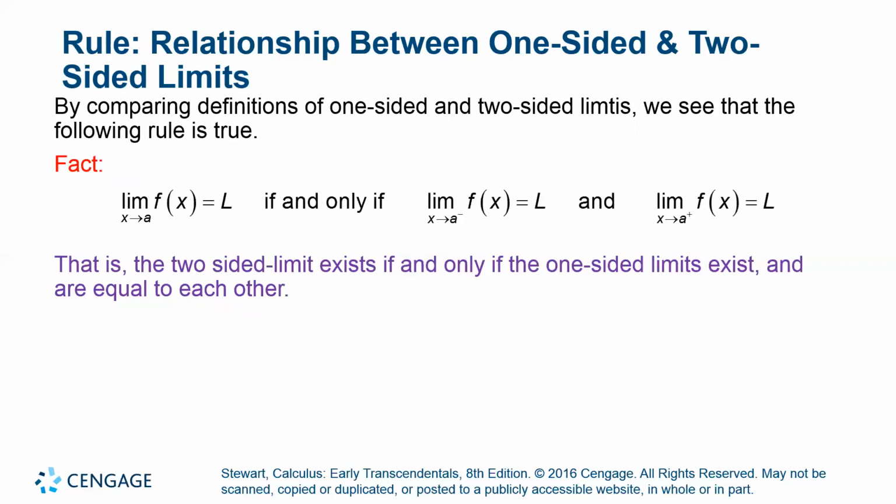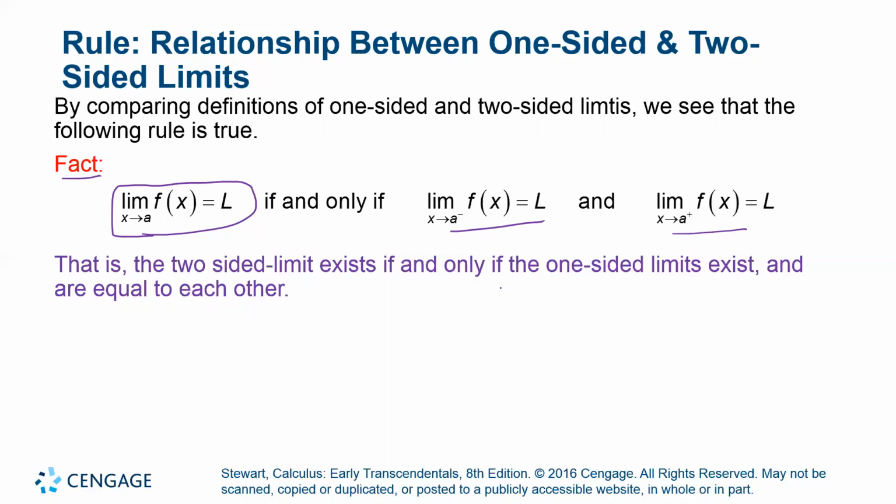So by comparing these definitions of one-sided limits and two-sided limits, we can see that the two-sided limit exists and is equal to L if and only if the left-hand limit and the right-hand limit are both equal. In other words, the two-sided limit exists if and only if the one-sided limits exist and are equal to each other. Okay, so this rule is very, very important. It's a fact and it's a rule.